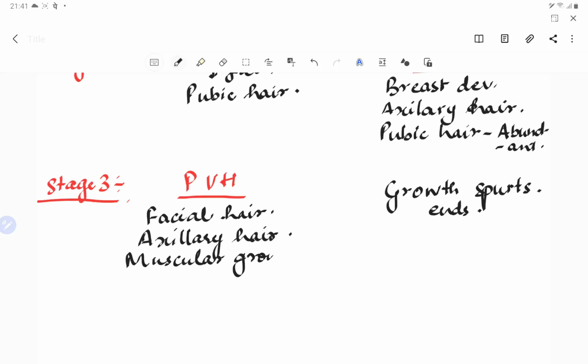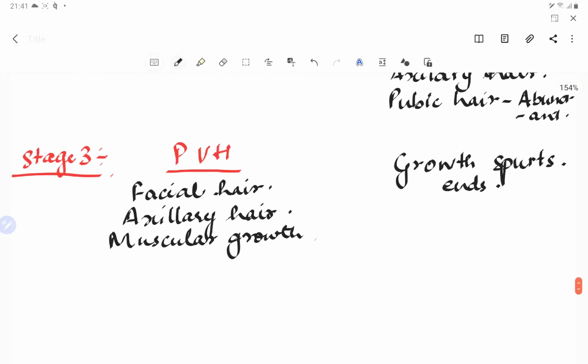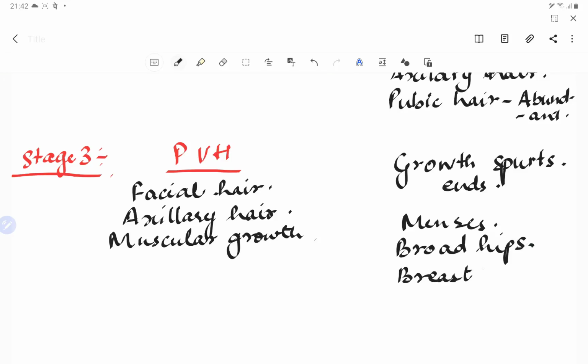The body of boys is becoming more masculine. In the girls there is an end of the growth spurts, the beginning of the menses, and broad hips, and breast development is completed in this stage.